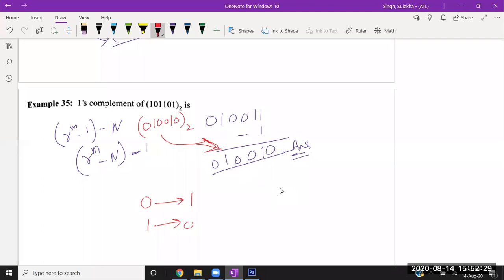Another thing, the shortcut for two's complement. One minor shortcut is, after calculation of this one's complement, add 1 and write the two's complement.